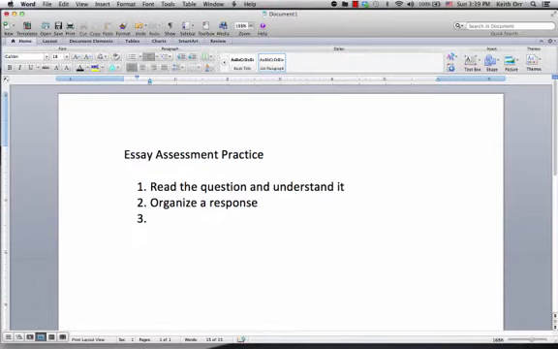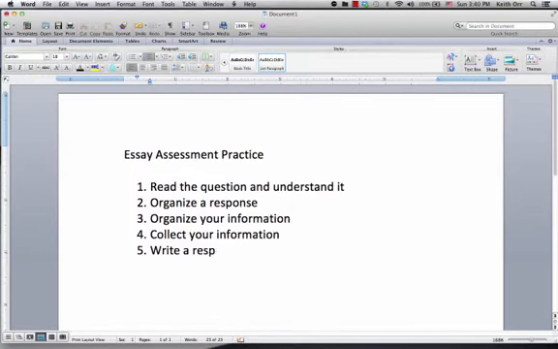After you do that, then organize your information to be able to write your little organized response, and then actually collect your information and then write a response. And I'm hoping the whole thing wouldn't take more than 10-15 minutes, maybe 20 max.